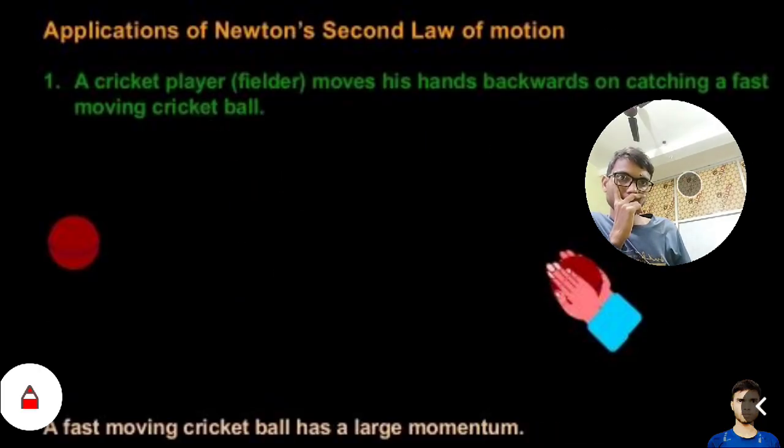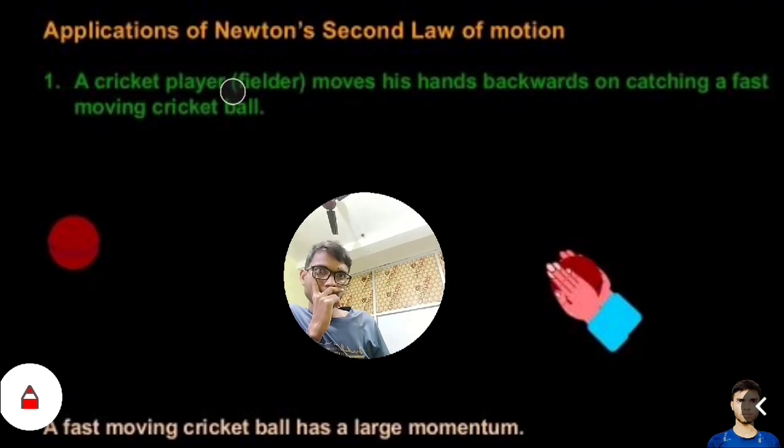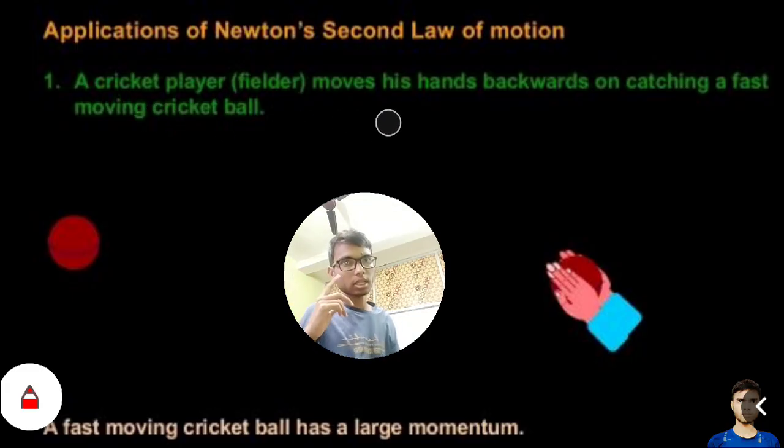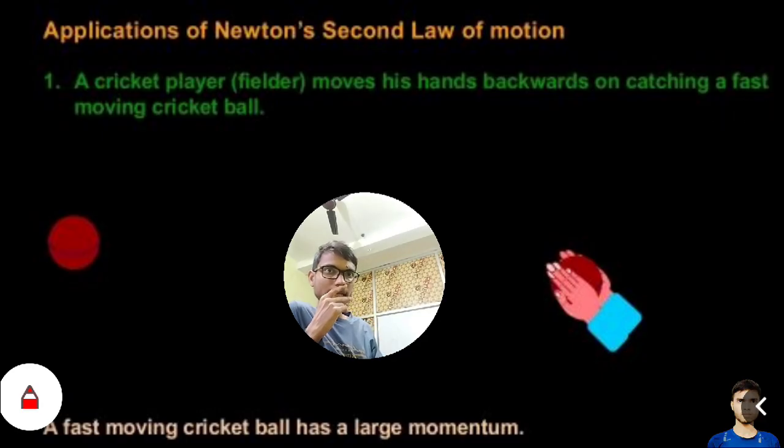Now next we have applications of Newton's second law of motion. Let's see. A cricket player moves his hand backwards on catching a fast moving cricket ball. He can move his hand more, but he will move according to requirement.